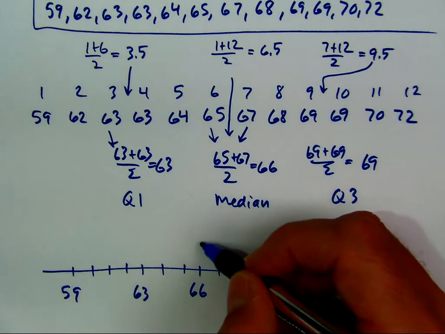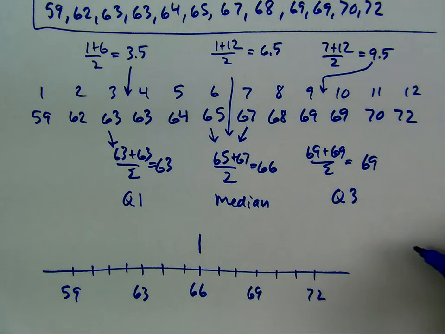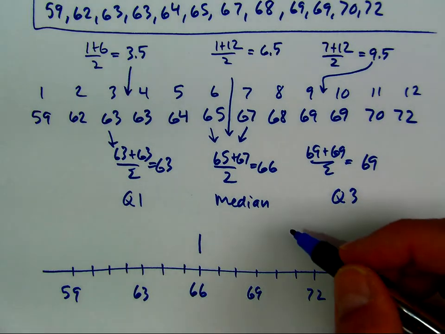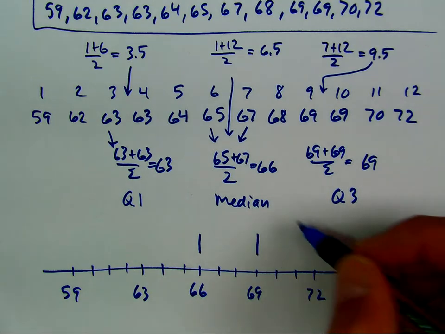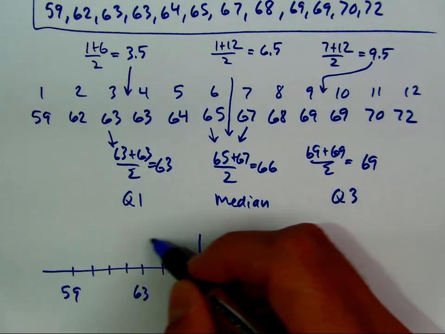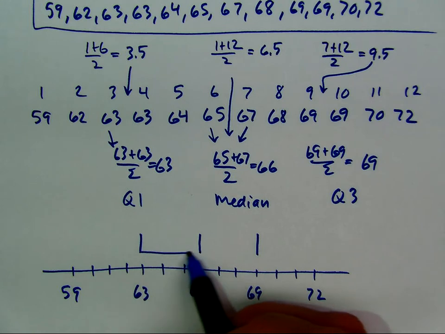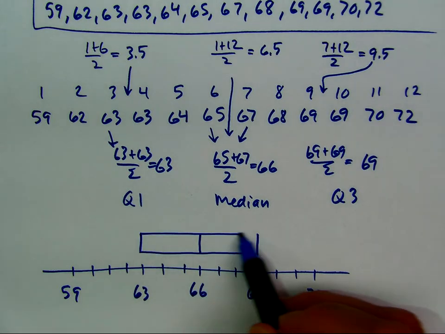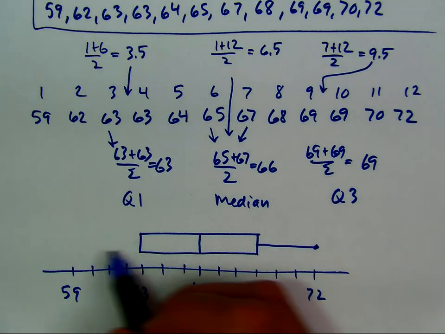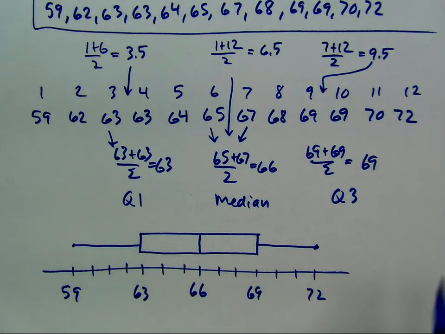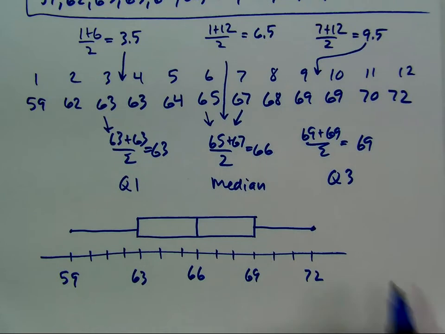So the median is shown like this. The upper quartile is 69 right there. Lower quartile is 63, and then we make a box. This is also called box and whiskers, so here are the whiskers.